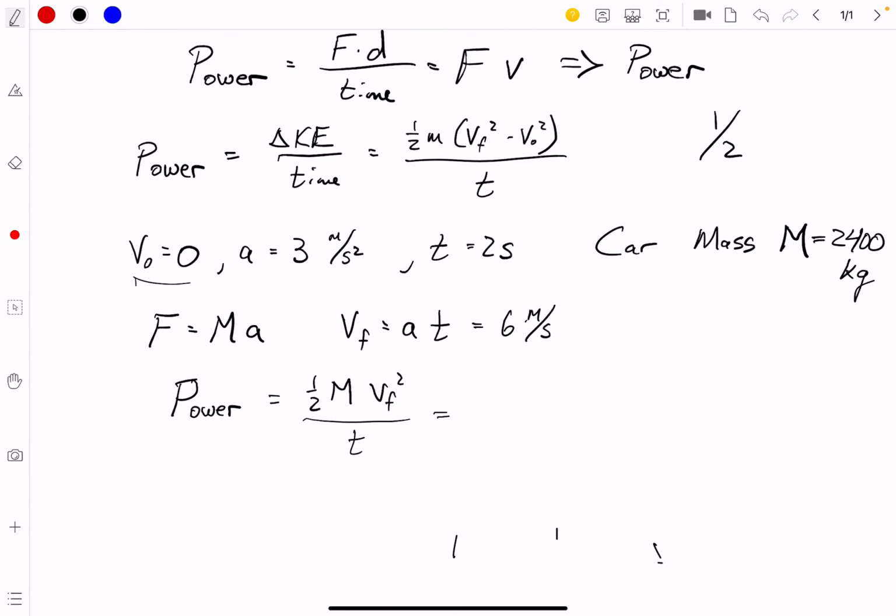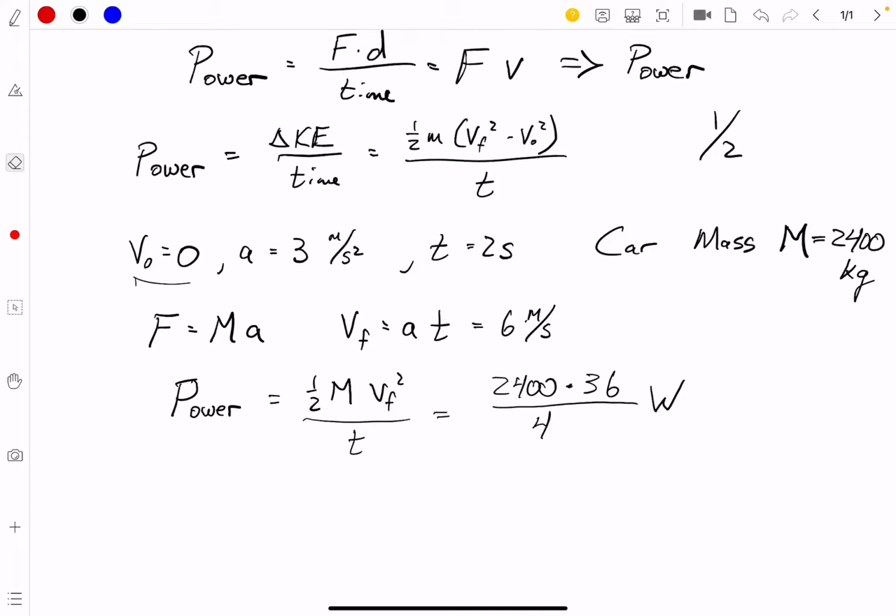So let's put all the numbers in. So now we've got 2,400. We've got V final squared, which is 36. 6 times 6 is 36. I'm going to come down here and I'm going to put my 2 times 2 seconds. That's 4. And the whole thing's going to end up being watts, so I'm going to write watts.